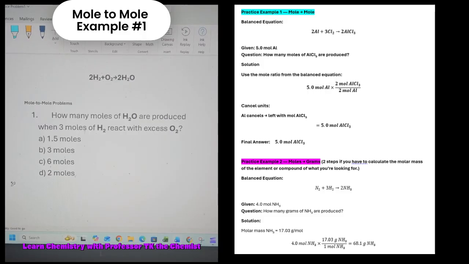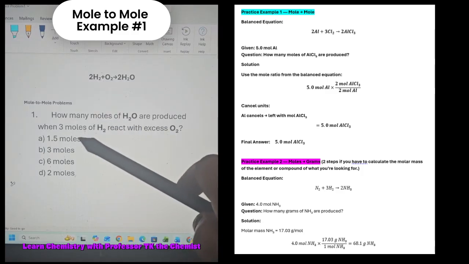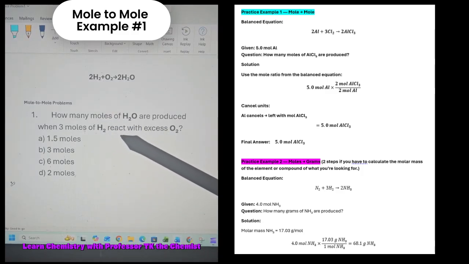For instance, in this particular problem, when they say how many moles of water are produced when 3 moles of hydrogen react with excess oxygen, that word excess oxygen is not even necessary to do this problem. But so many students think they have to use it because it's in the problem.